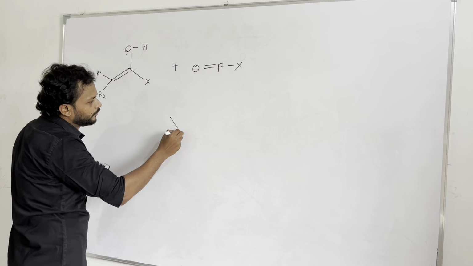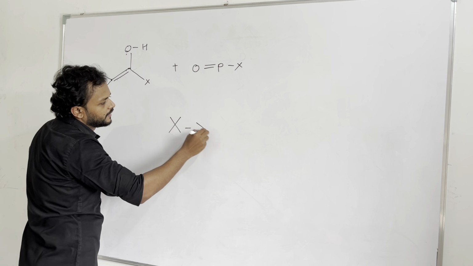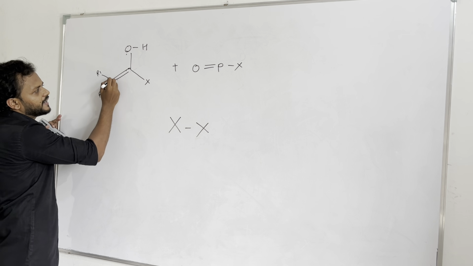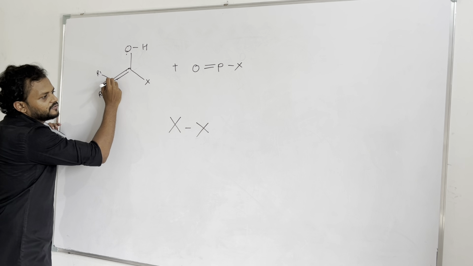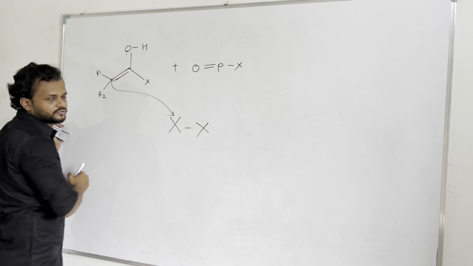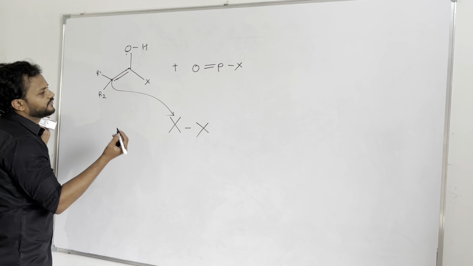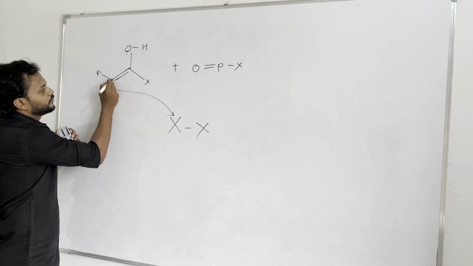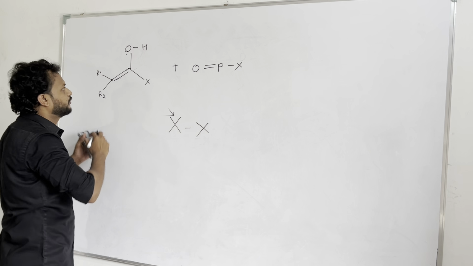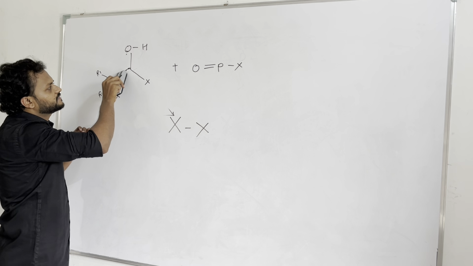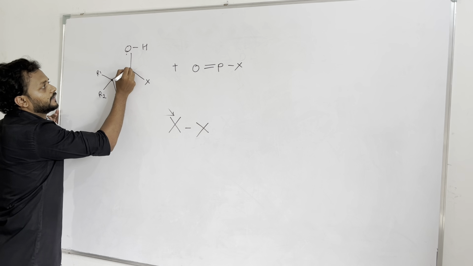Further we have one more reagent, which is X2. Now this nucleophilic alpha site is going to use this pi bond and will attack one of the halogens from X2, and will form a new bond with that halogen. So now that halogen is added to the alpha position, which is what we want, and this carbon is being unstable again.